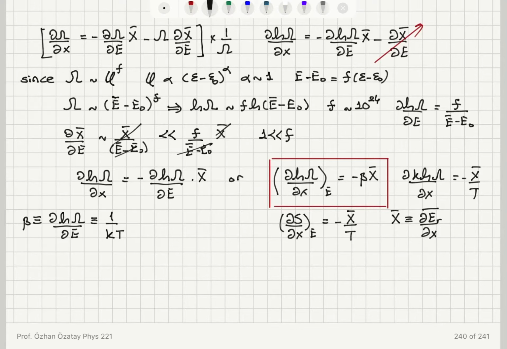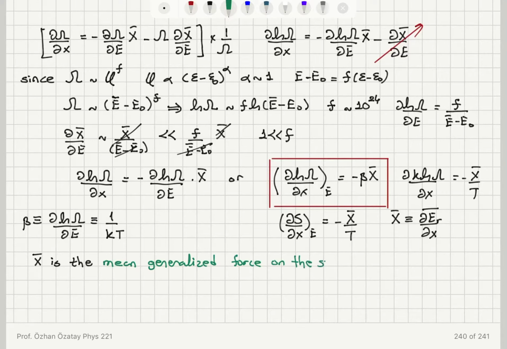All right. So we call this del E bar del x. So X bar is called the mean generalized force on the system.